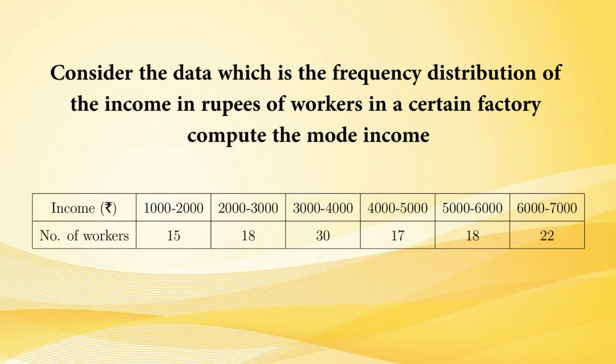The values of the income are 1000 to 2000, 2000 to 3000, 3000 to 4000, 4000 to 5000, 5000 to 6000, 6000 to 7000, and the numbers of workers in these income groups are 15, 18, 30, 17, 18, 22 respectively. Now, in the given data, observe that the maximum frequency is 30.